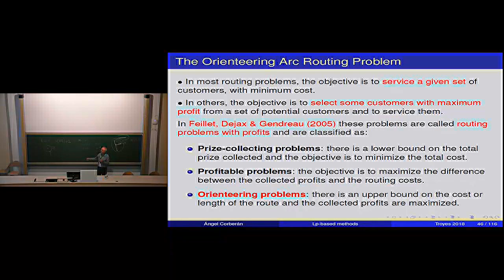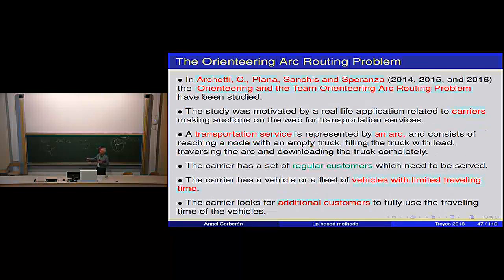And finally, orienteering problems are those in which we try to maximize the collected profit. Again, if I have no restriction, looking for a tour maximizing the profit collected means visiting all the customers, and this is a TSP problem, or a capacitated vehicle routing problem, unless we consider an upper bound on the cost, time, or length of our route. So I will focus on orienteering problems on the arc routing side.